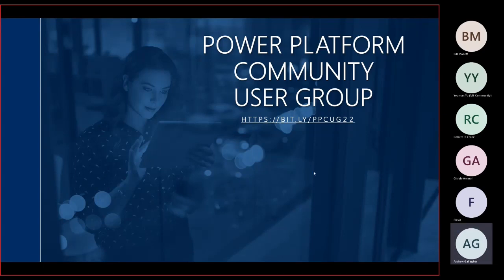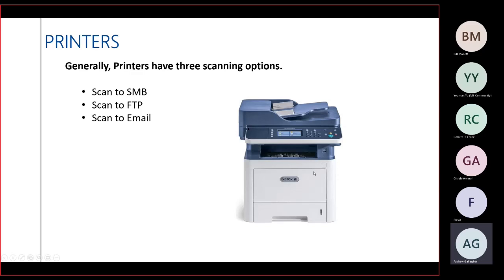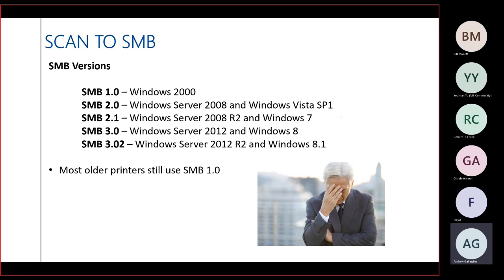What you would generally find with a printer is it gives you three options. One is to scan to SMB, which is probably what we've done in the past, scan to FTP, or scan to email. Now, one of the problems with the scan to SMB is that most printers, especially if they're 3 years or older, are using the SMB version 1 protocol.